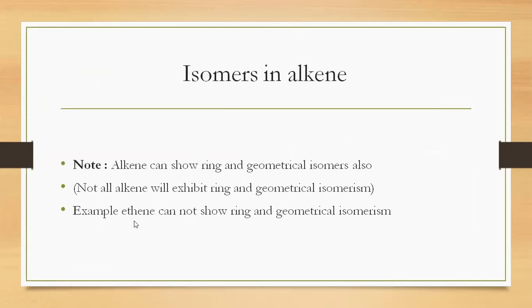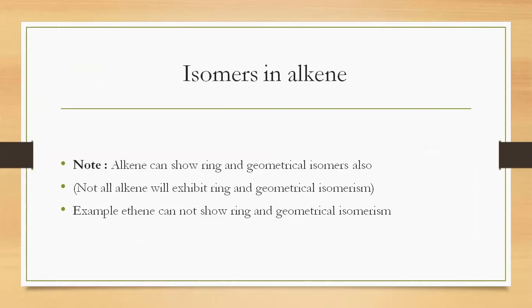Now, isomers in the alkenes. When I count the isomers in the alkene, remember, alkenes can show not only chain isomerism, they can show ring isomerism as well as geometrical isomers also.